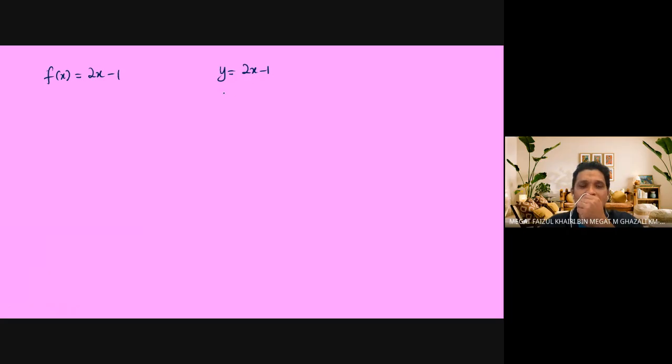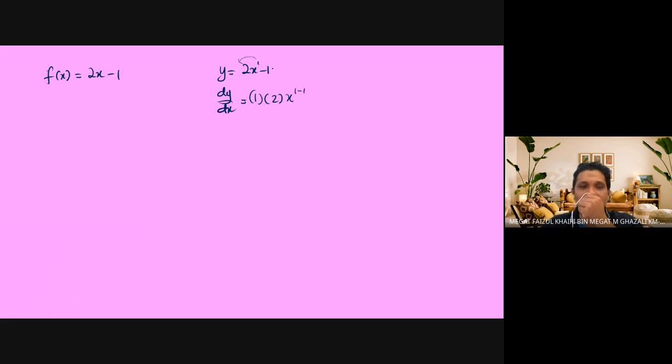If we differentiate this function straightly, dy dx, as we know we multiply the power of x and bring it to the front, giving 1 times 2 and x to the power of 1 minus 1.